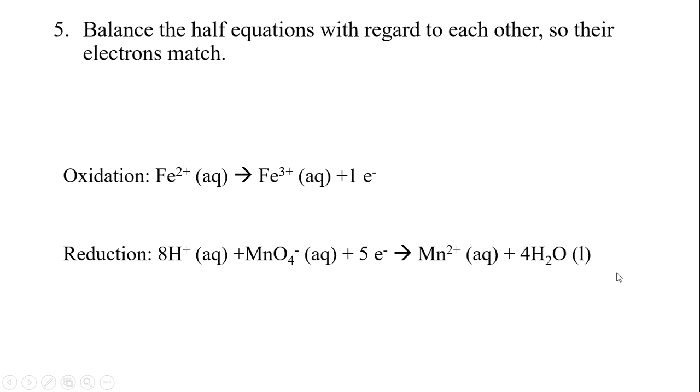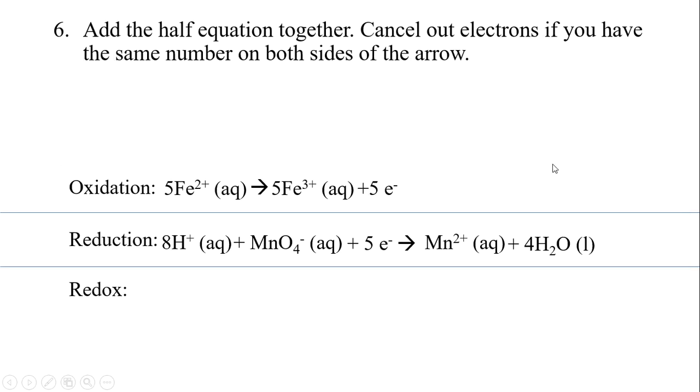All right. We need to multiply the oxidation half equation by 5 to bring this number of electrons up to the number we have down here. Then we get this. And then we can add them together. And then we can cancel out electrons if we have the same number on both sides of the arrow.